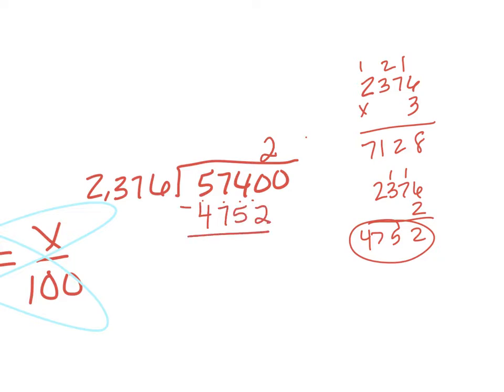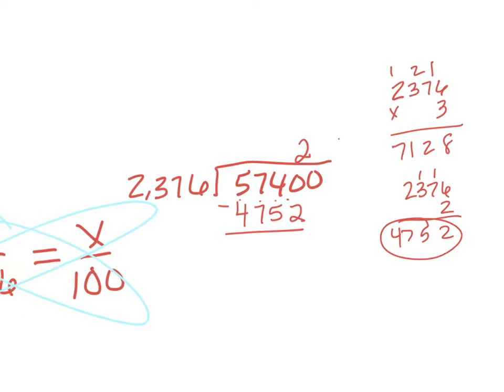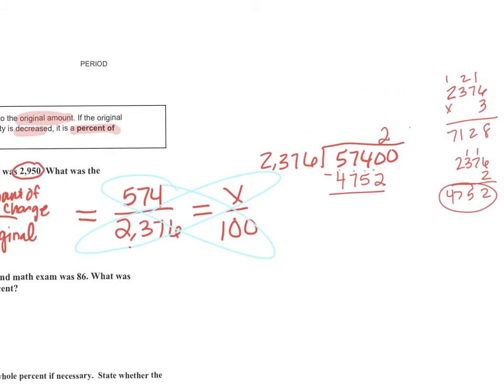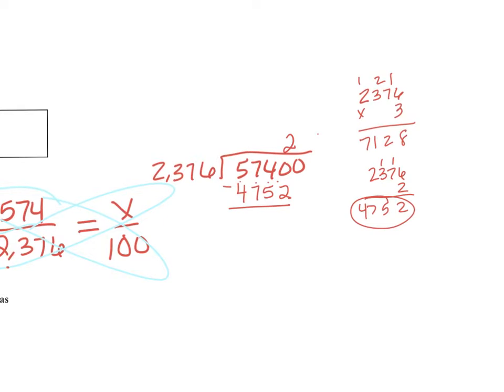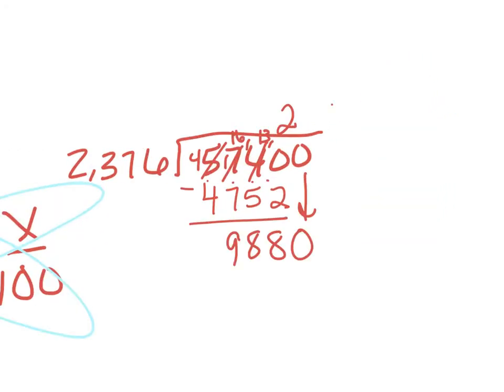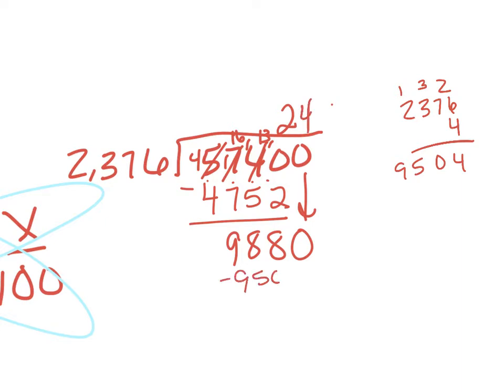We're dividing by 2,376 because that's our original amount. Okay, so let's try 4. So 2,376 times 4 is 9,504. So that'll work. So 24.